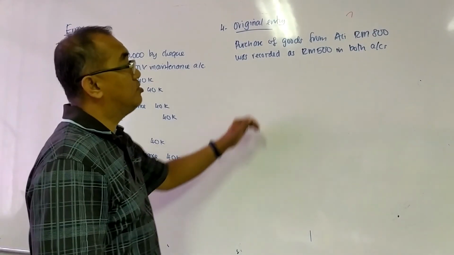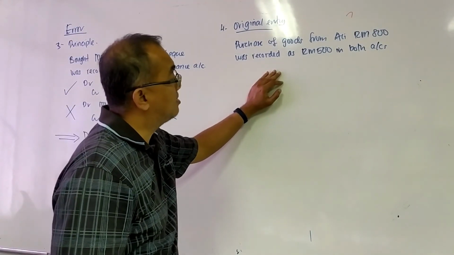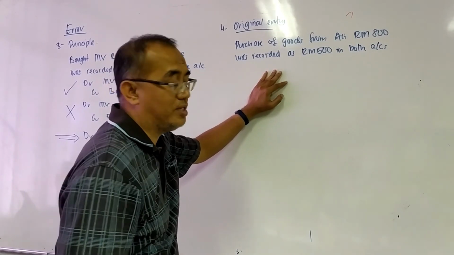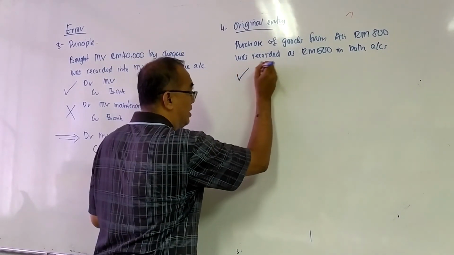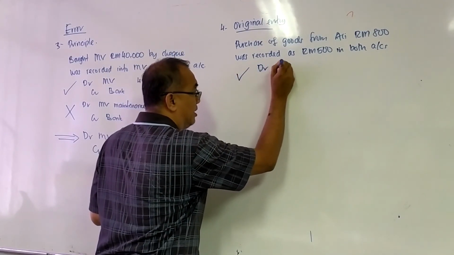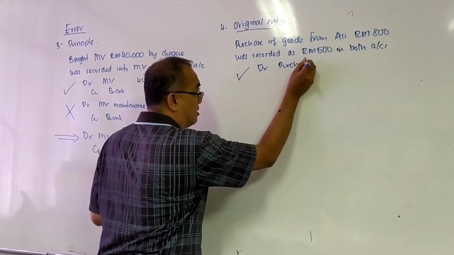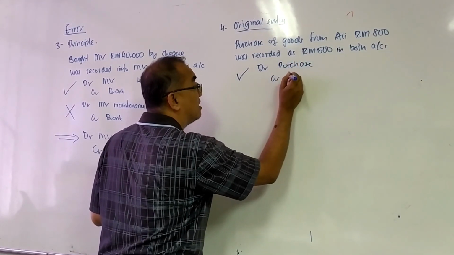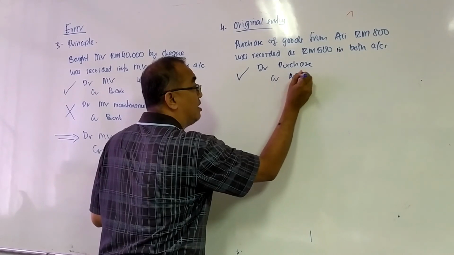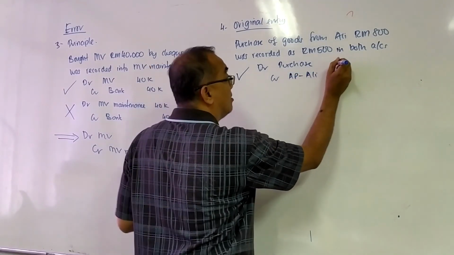Your purchase of goods from Ali, 800, was recorded as 500 in both accounts. So the correct entry should be debit purchase, credit AP Ali.